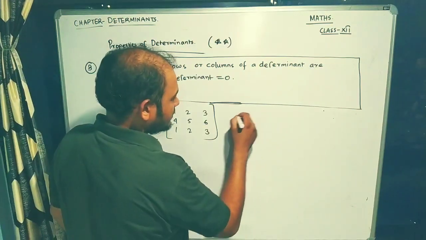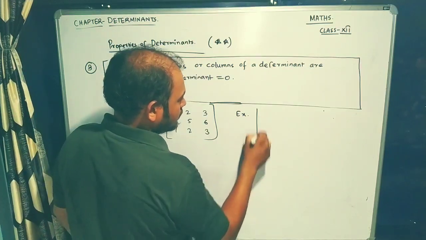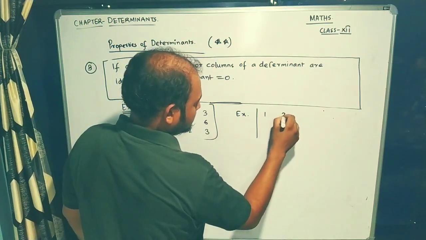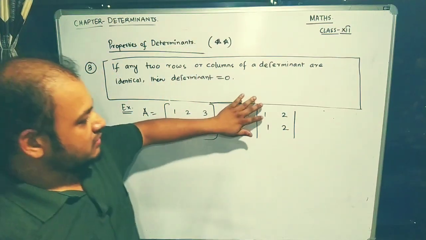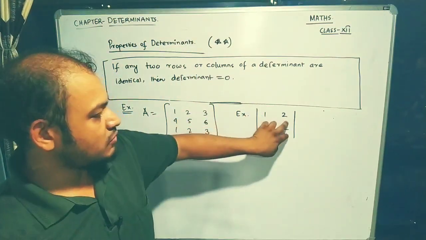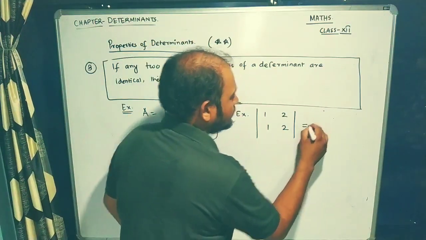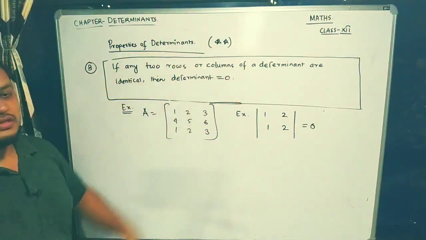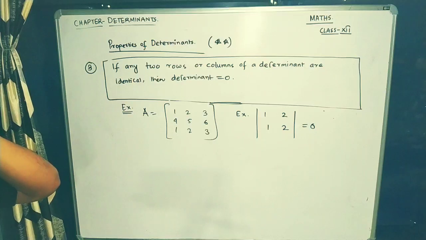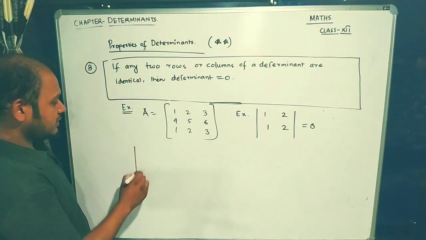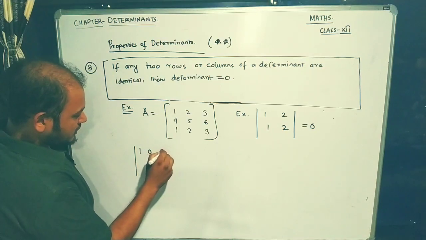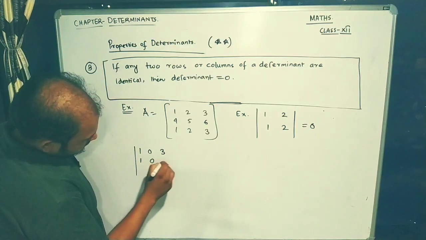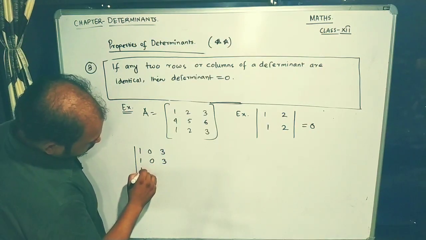It is a very important property. For example, what will be the determinant of this matrix? Tell me. You see that this row is the same as this row, then determinant will be equal to 0 according to the third property. Okay. For example, if I say I have a matrix 1, 0, 3, then 1, 0, 3, then 1, 9, 2.